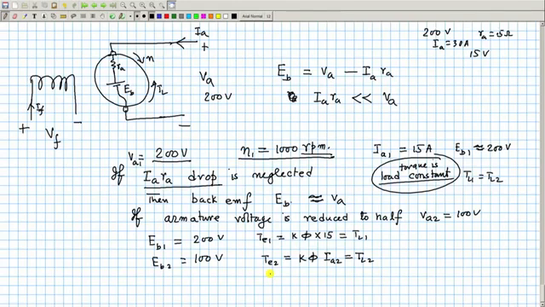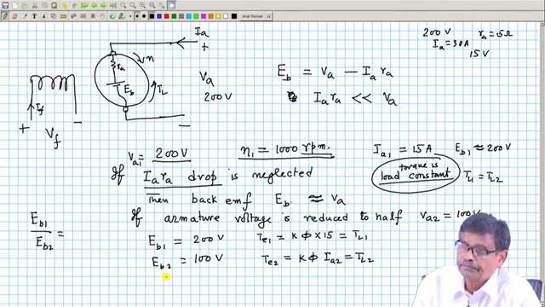Then what you should do is this, you should write down these two equations, one is torque equation and one is the back EMF equation, and take their ratios. That is what all you have to do while solving the DC machine problems.